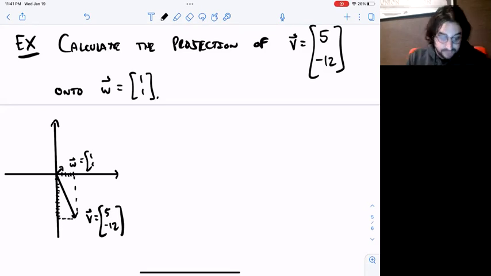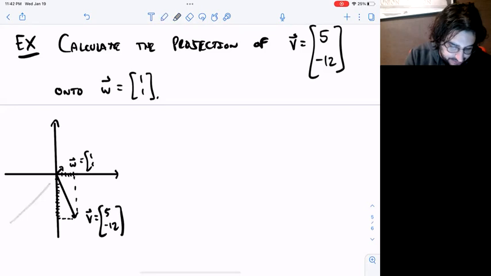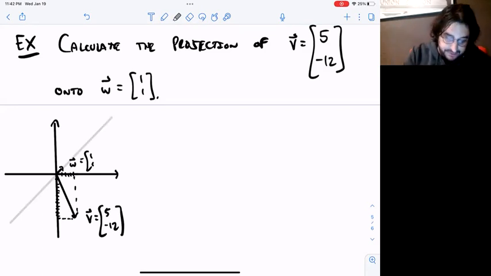All right. Now, here's the idea. W determines what? It determines the direction of the ground, right? So before I calculate it, I'm just going to draw the picture. So there's the direction of the ground.